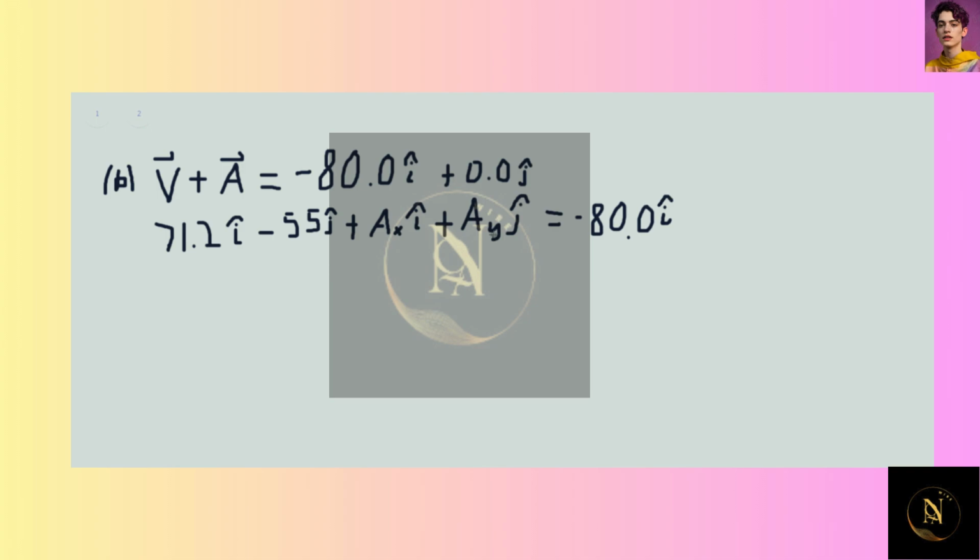Okay, so a sub x then is going to be the x component of the right-hand side of the equation minus v sub x, or minus 80 minus v sub x, which is 71.2. And this is equal to minus 152.